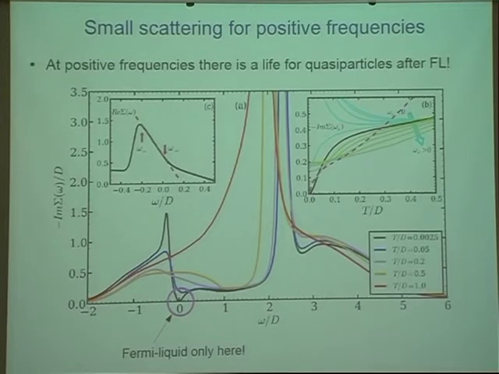Yeah, indeed, I think that's correct. Ultimately, the reason I think is that there are not so many places to scatter against, because I'm doping my Hubbard band. Basically, I have a gap. So I'm left with not so many states in that region on the positive frequency side. So ultimately, there's not much to scatter against, and this is why I think this is quite flat and remains pretty small.